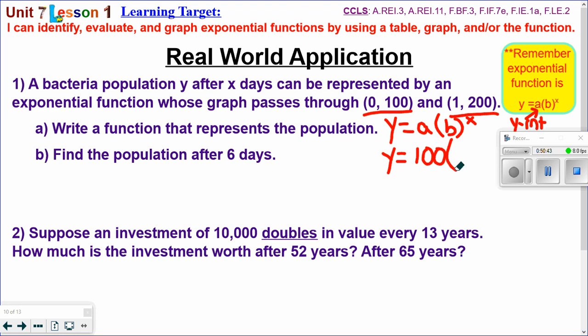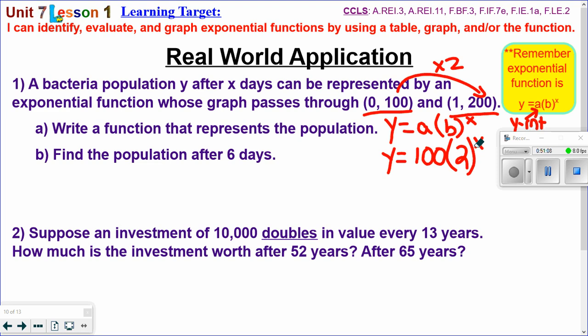Yes, a is 100. But what is the b? Remember, b is what's being multiplied to get to the other number. So 100 times what equals 200? Yeah, it's times 2. So it's 2 to the x power.